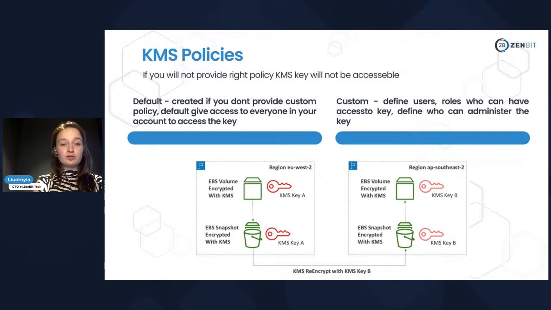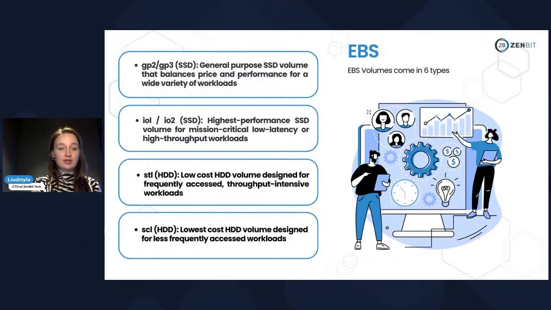Now let's look at some AWS services which support encryption, and let's see what is special about their encryption. So first is AWS EBS. It is a web service that provides block level storage volumes to use with Amazon Elastic Compute Cloud.